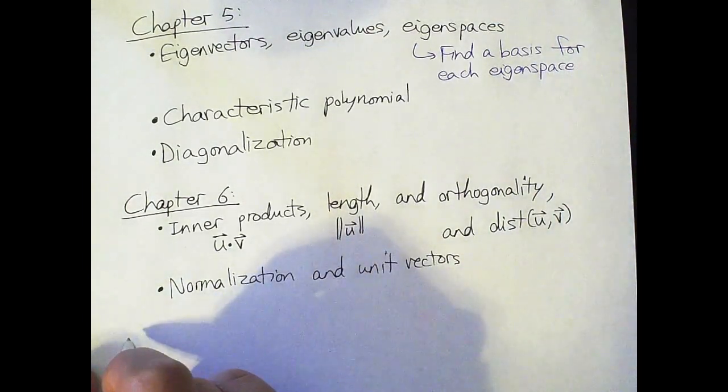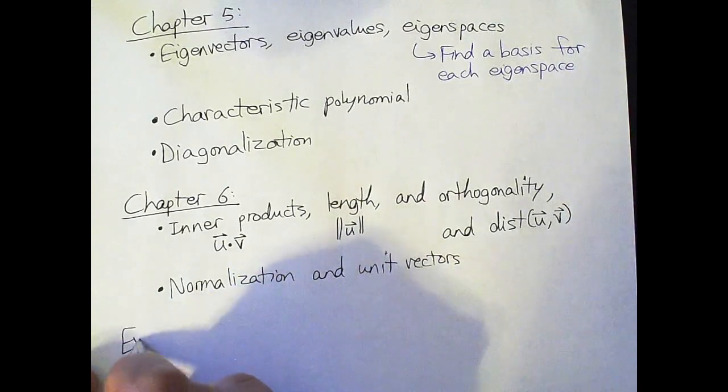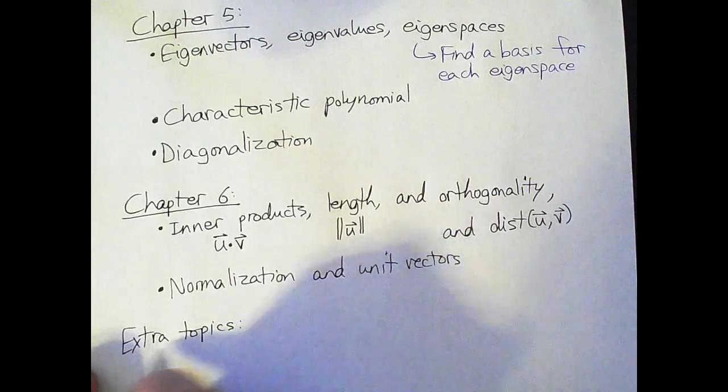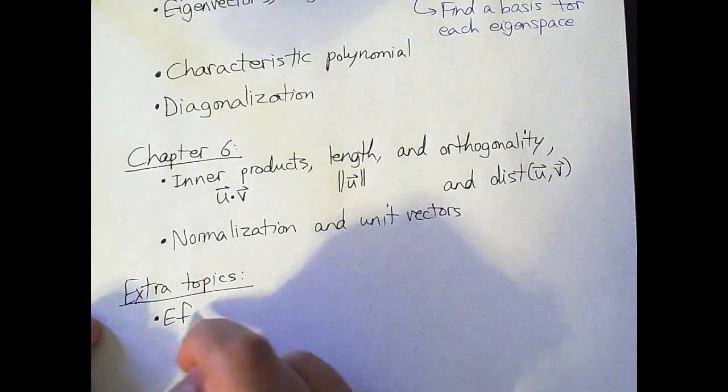Okay, so after chapter 6, we had some extra topics. The things that we talked about recently. We had efficient matrix multiplication.